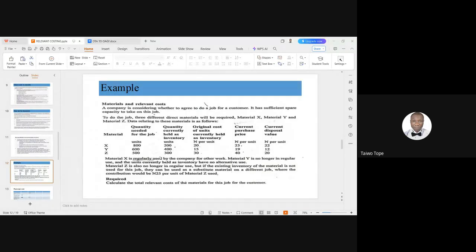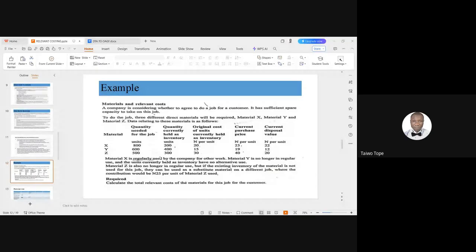Because if you don't use it, you will dispose it at 12 naira. So there's an opportunity cost here. When you use it, what you are foregoing, what you are sacrificing, is 12.